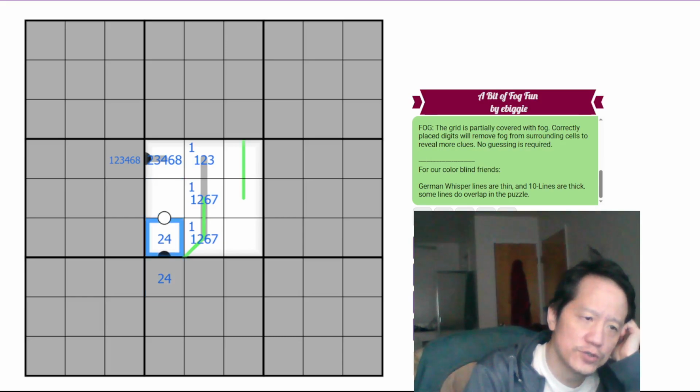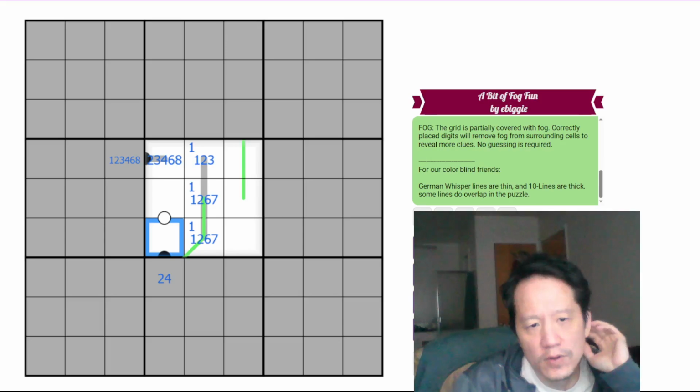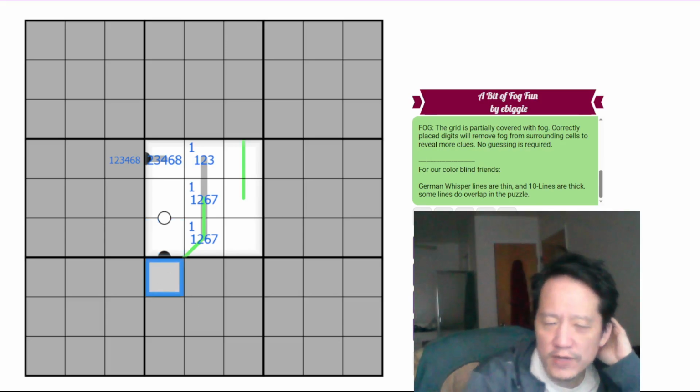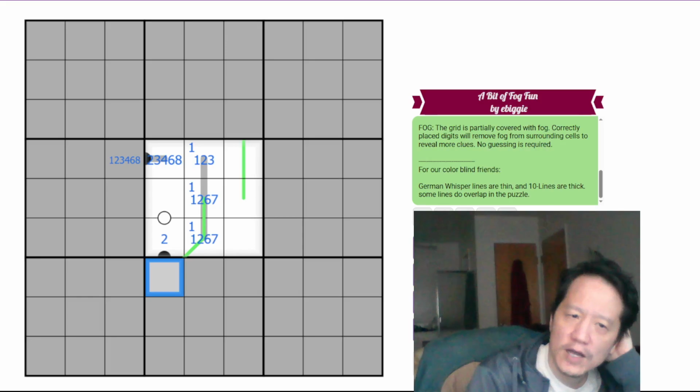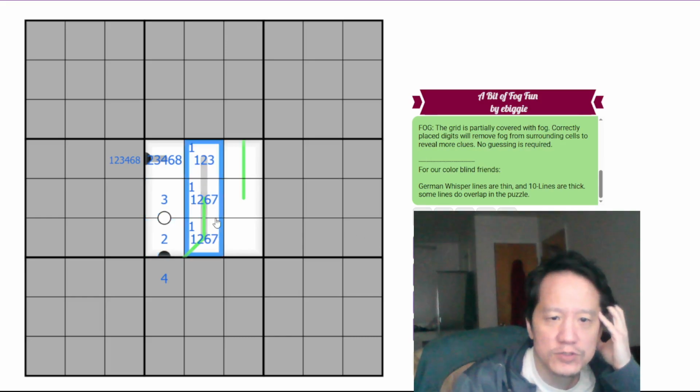If this is 2, this would have to be 7. Okay, so the question is, can this ever be 2 here? I don't think you can, right? If this is 4 2, and this can't be 1, obviously, because there's a 1 already in the box. If this is 3, that again eliminates 1 2 7 and 1 3 6 for the 10 line. And those are the only options.